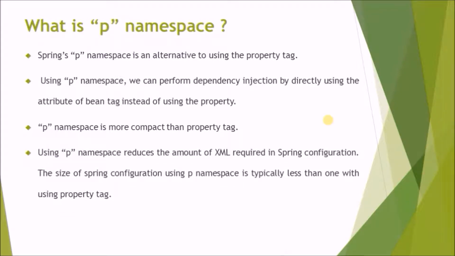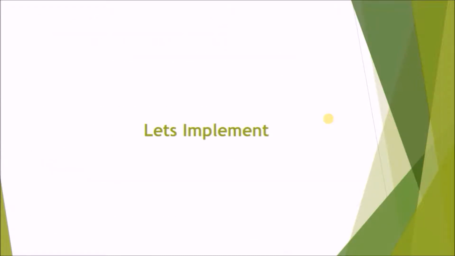Using the p namespace reduces the amount of XML required in Spring configuration. The size of Spring configuration using the p namespace is typically less than with using the property tag. Here is the syntax. Let's implement.